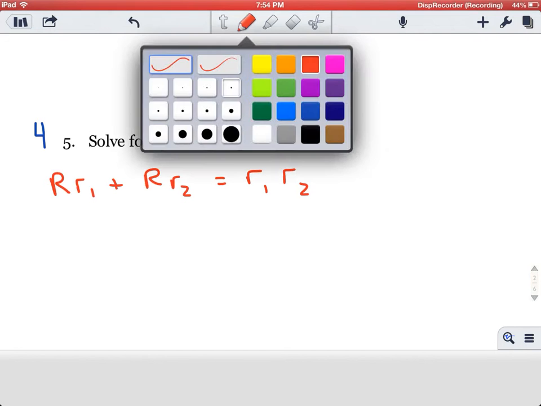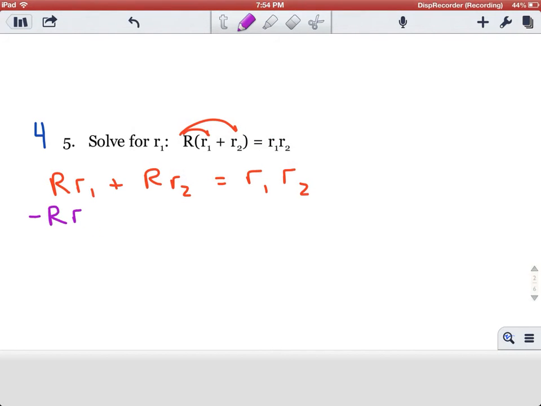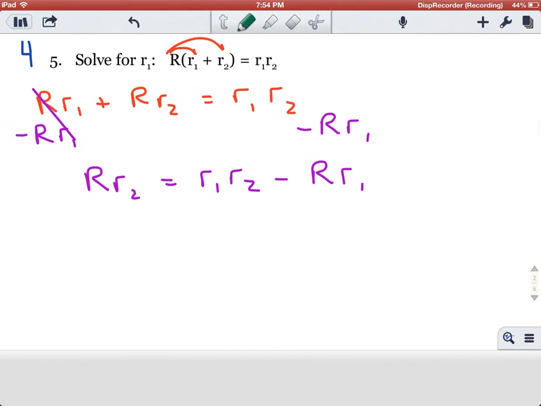And now we need to get all the r sub 1's over to the same side. Next we need to factor out an r sub 1.